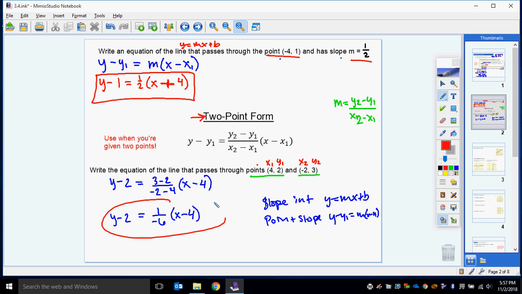Oh my gosh, the easiest thing to do would be put it in point slope form because it's already in point slope form. Why would I solve for y when it doesn't tell me that I need to? Don't always be trying to solve this for y. Only if it says put it in slope-intercept form, that's when you solve for y. I can leave my final answer like this. It just said write an equation of this line that goes through these 2 points. Well, this equation is that line, so I can stop.